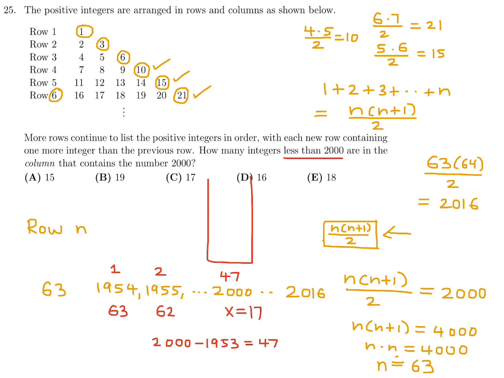See what I mean? There's 17 numbers in that column if you included the 2,000, but they want you to count only the numbers less than 2,000. So, take out that 2,000, that leaves you with 16 numbers. It's a great question, number 25. The answer is D.